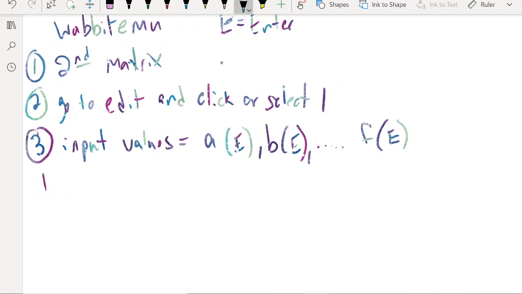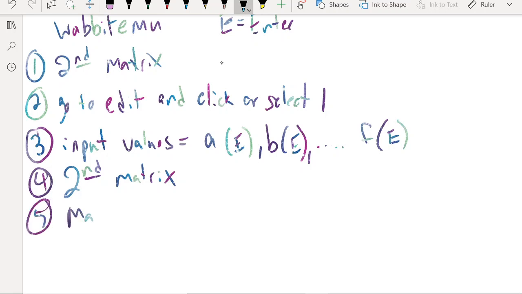So once you've input all your values, all you have to do is go back into your matrix, so second matrix, and then you go over to math. So you exit out of there once you're done, and then go back in, second matrix, and then go to math, and click on the RREF option.